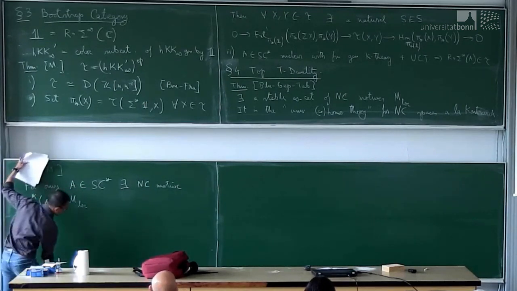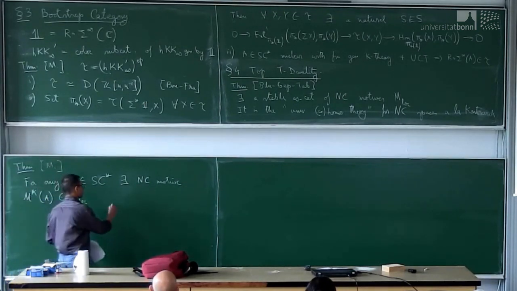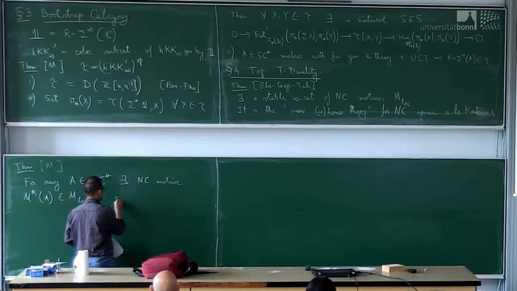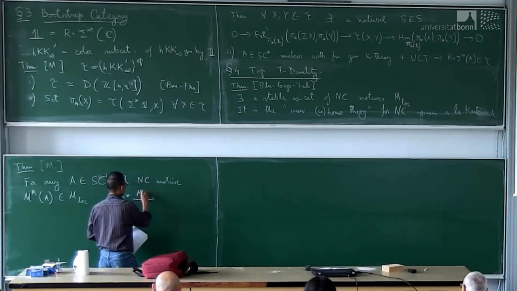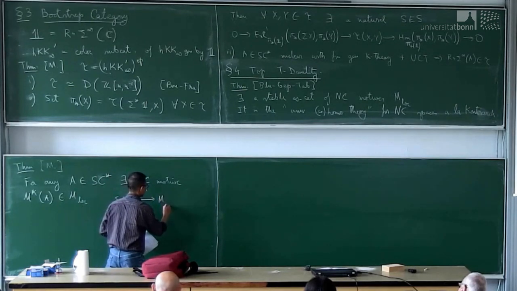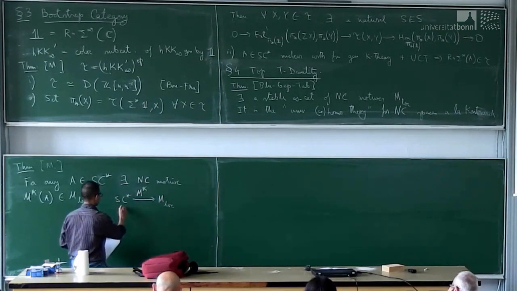And this construction satisfies the following compatibility conditions. So this goes to M_k, this goes to M-loc, and then this goes to KK_k.